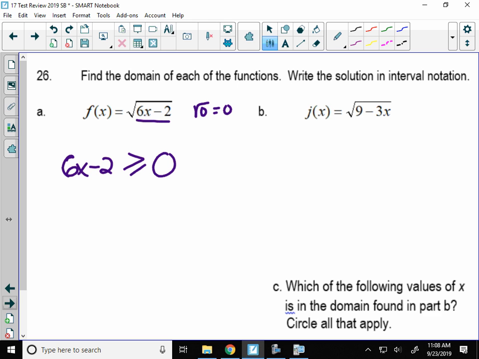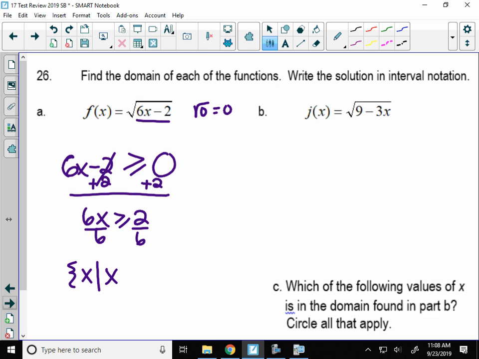That's equal to 0. So I'm going to set that radicand greater than or equal to 0. And all I have to do is solve for x. So I'll add 2 to both sides. And I'll get 6x is greater than or equal to 2. And divide by 6. So my set notation is all the x's where x is greater than or equal to 1/3.